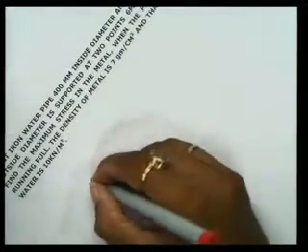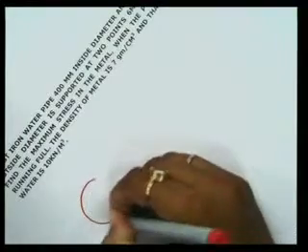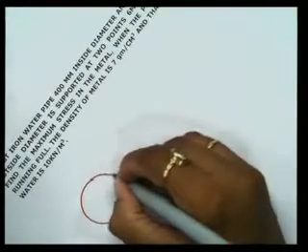So first of all, I will try to draw the diagram, right? Now what they have told you, it is a cast iron water pipe. So what will be the cross section of the water pipe? It will be a circle because they have given you the inside diameter and the outside diameter, right? So we can show that it is having a circular cross section.